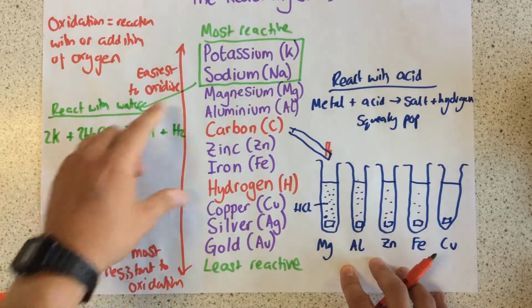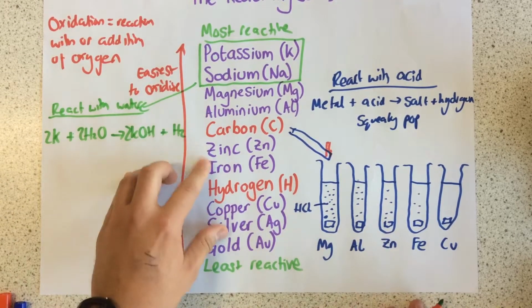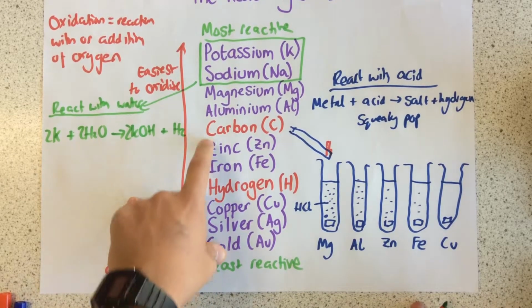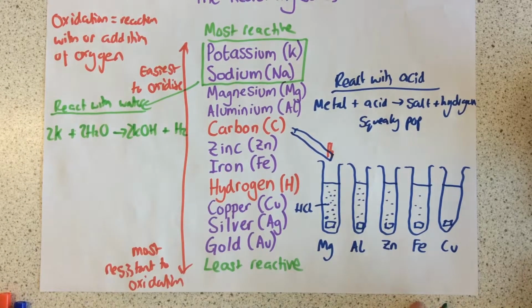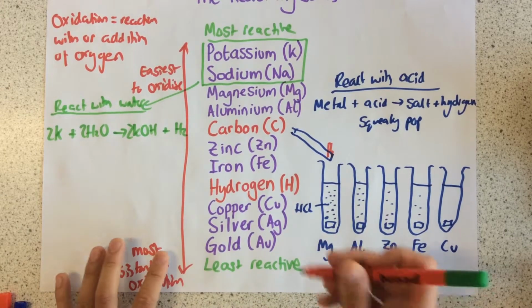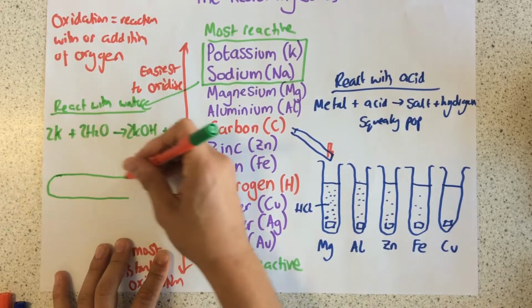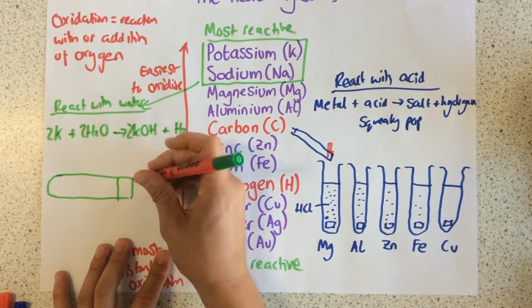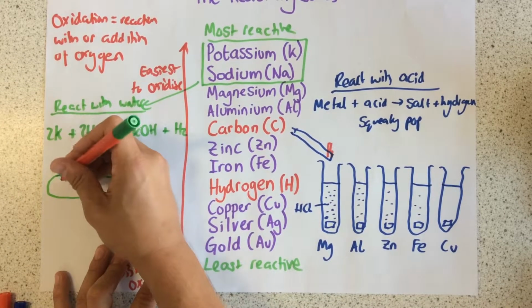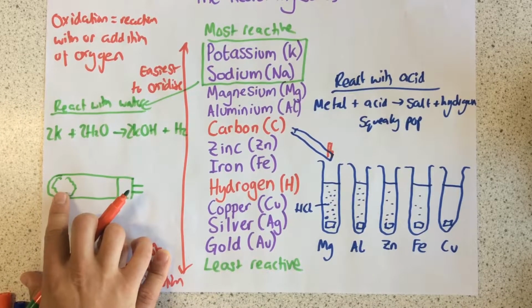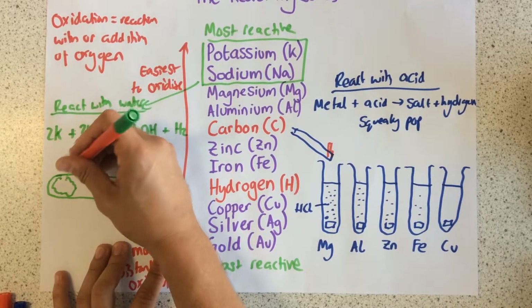Now, some of these, so zinc and iron, for example, don't react with water. They're not reactive enough to react with water by itself, but they can react with steam. So we have a simple experiment to do that. All you have is a boiling tube like this with a bung in the end, and you have some mineral wool soaked in water.